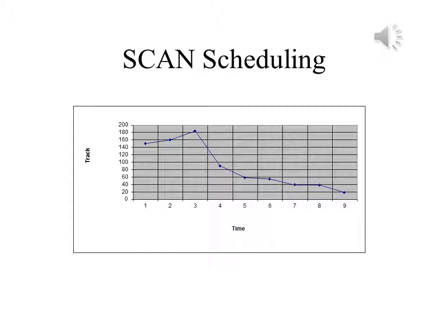Scan scheduling attempts to correct the shortcomings of both first come, first served and shortest seek time first by moving in one direction, handling the disk requests appearing on the tracks that it passes until it reaches the request on the highest track.